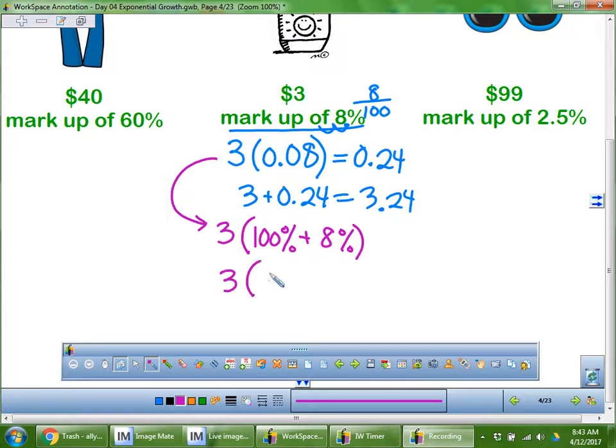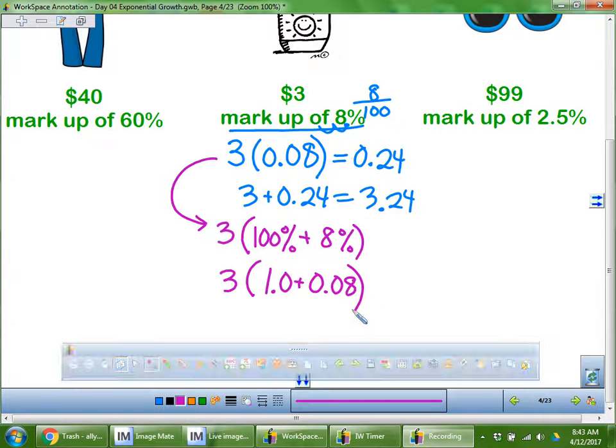Could I write this as 1.0 plus 0.08? That's just the 3, because if I distribute it, that's 1 times 3, 3 plus 8 cents times 3. Which, couldn't I write this as 3 times 1.08? So here you had to do 2 steps.